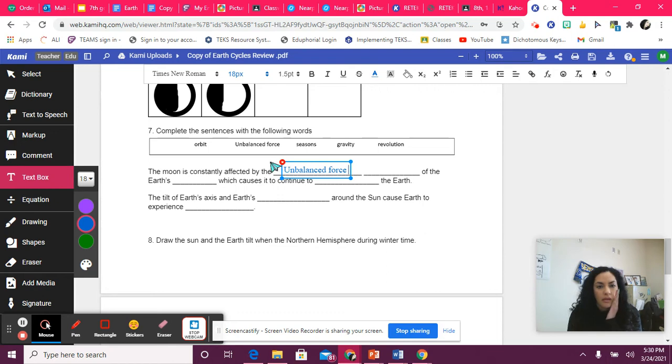Of the Earth's blank, which causes it to continue to blank the Earth. So the moon is constantly affected by the unbalanced force of the Earth's orbit.